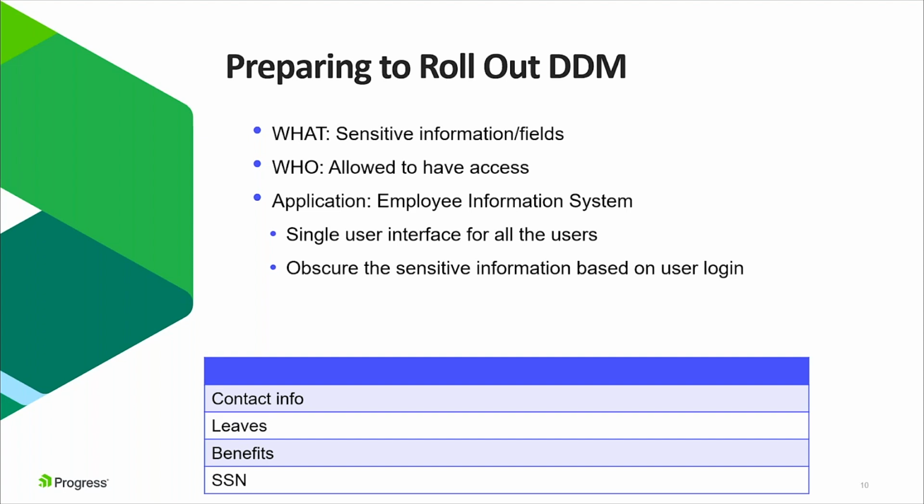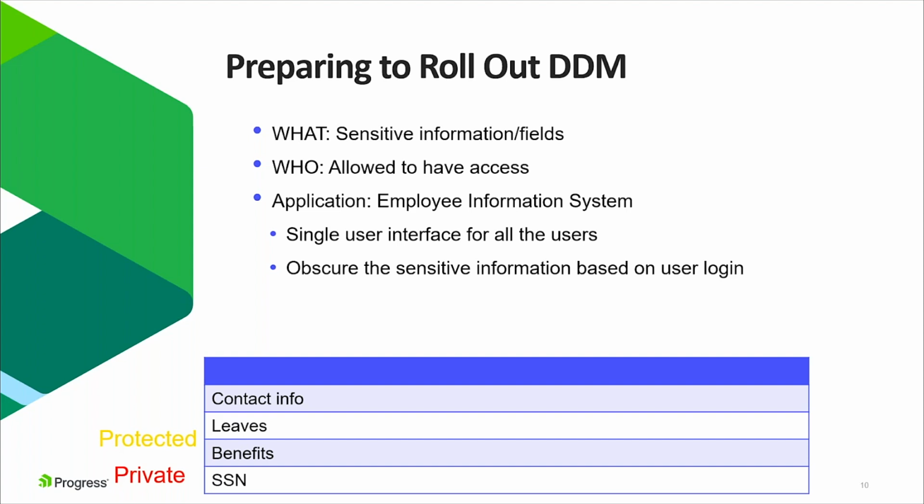So on this application screen, we have contact information for the employee, how many leaves they have, what benefits they are getting, and their SSN, Social Security number. Here we have three categories of information. You have public information accessible to all, protected information accessible to few users, and highly sensitive information only available for limited access.